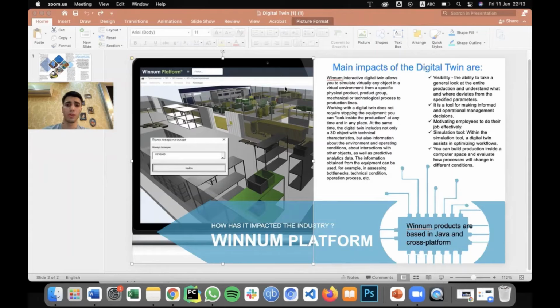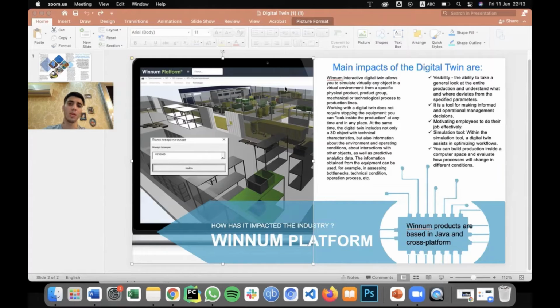And moreover, you can simply build production inside a computer space and evaluate how processes will change in different conditions for the real world. One example is the Vinum platform, which was built as a Java-based cross-platform.